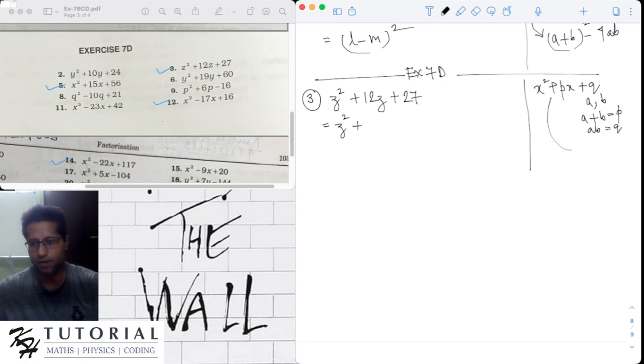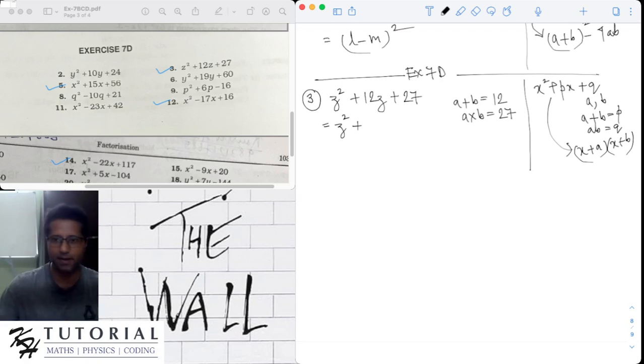Then you can factorize this as (x plus a) multiplied by (x plus b). So in this case, we must have a plus b equal to 12 and a multiplied by b equal to 27.